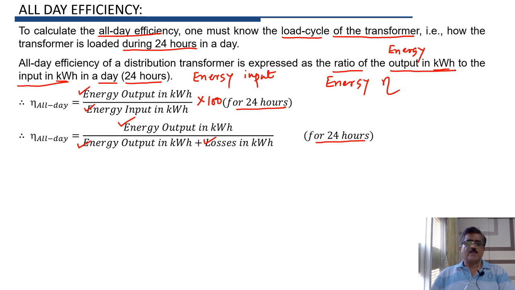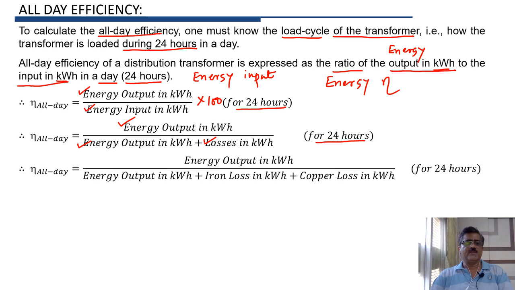Now, there are two losses in transformer, iron loss and copper loss, and therefore we can write the expression for all day efficiency as: all day efficiency is equal to energy output in kilowatt hour divided by energy output in kilowatt hour plus iron loss in kilowatt hour and copper loss in kilowatt hour, and again this is for a period of 24 hours.